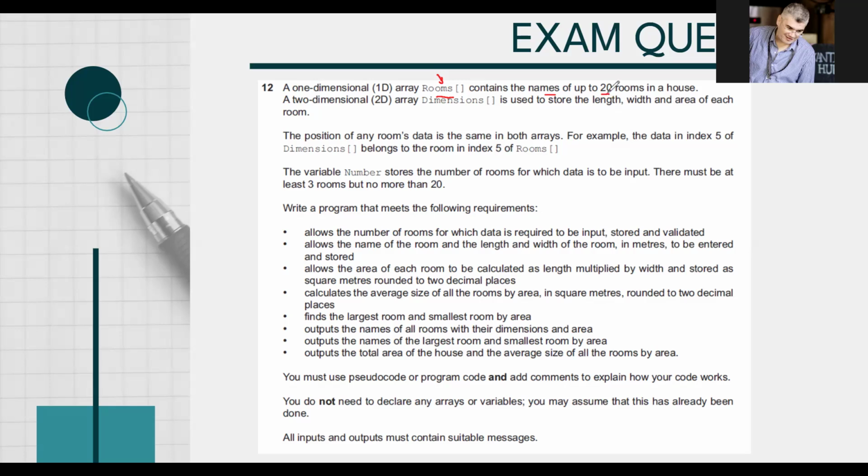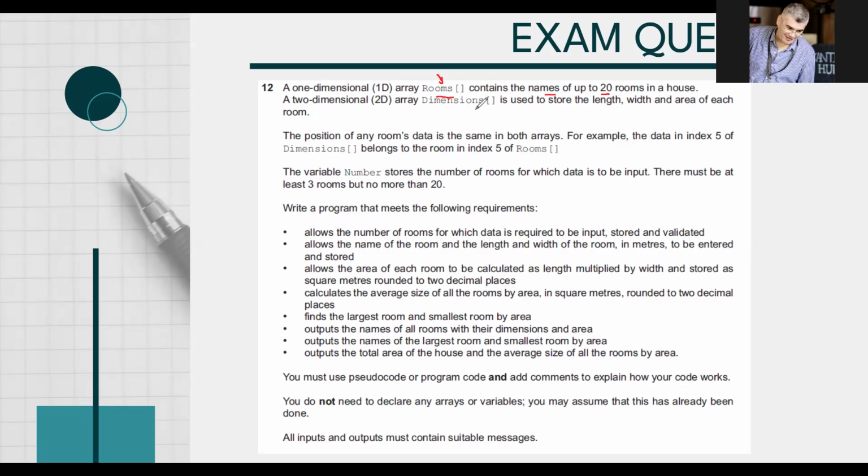I apologize, not 200. So this is 20 rooms in a house, okay? So the array can carry up to 20 rooms. We are not really trying to understand everything, because we would like to test our procedure on more scenario questions, so we don't want to waste time more here. But we still need to understand.